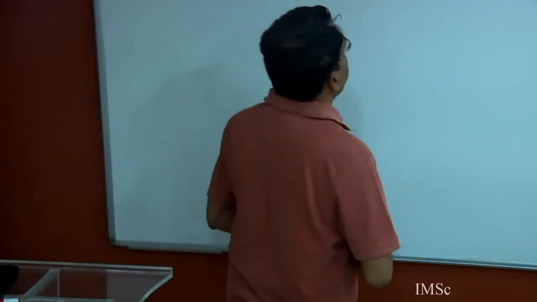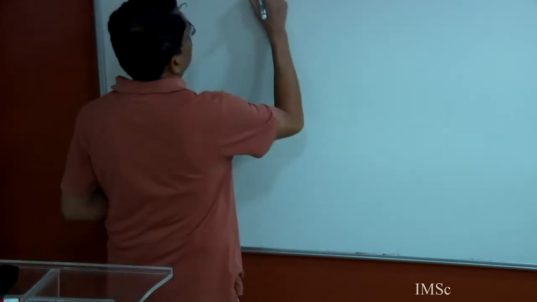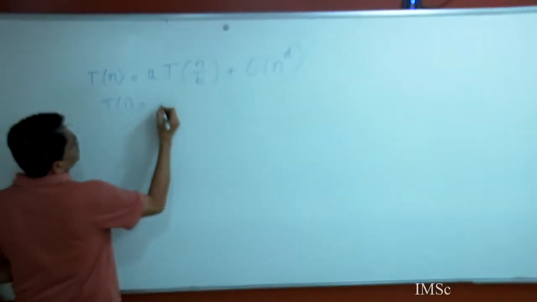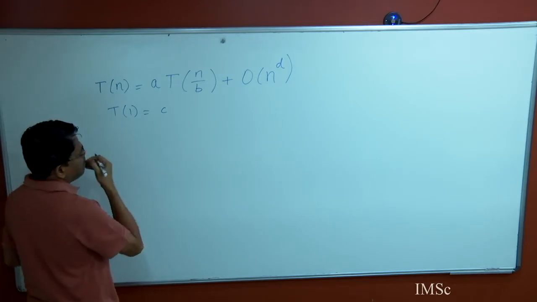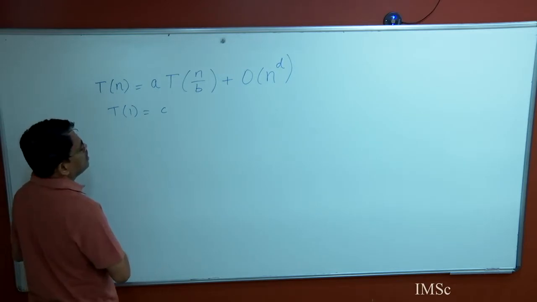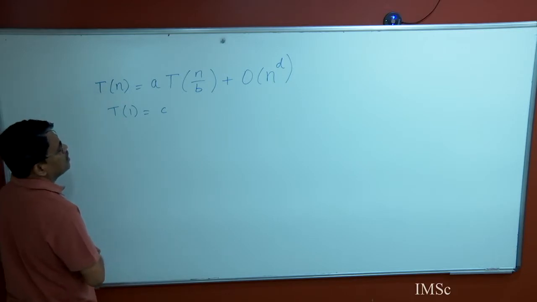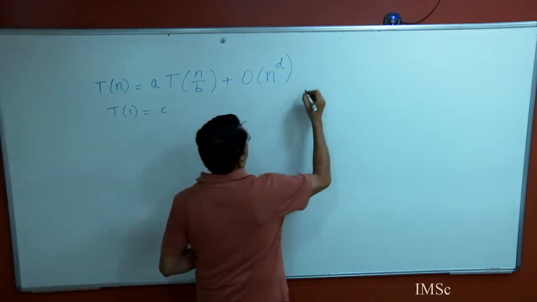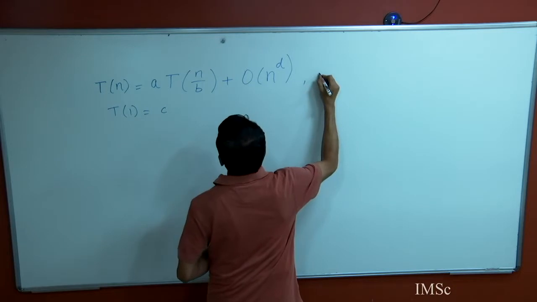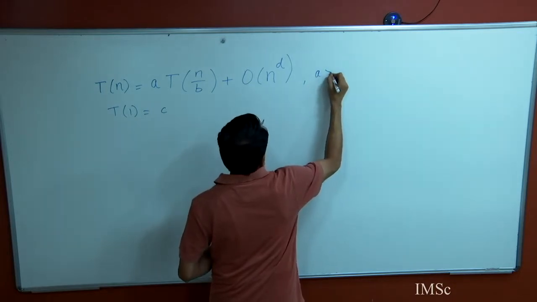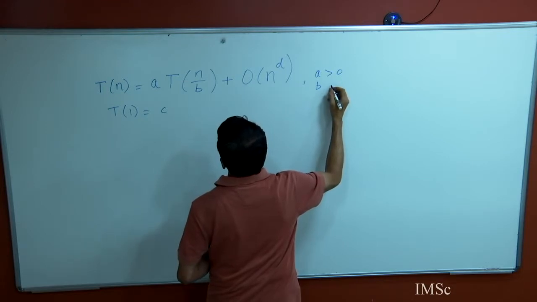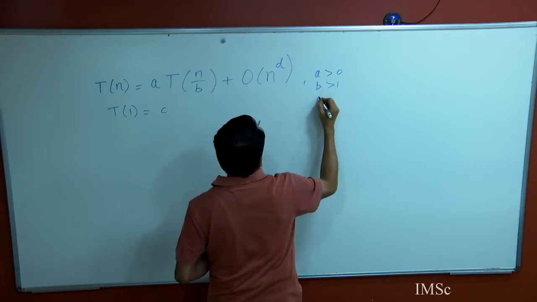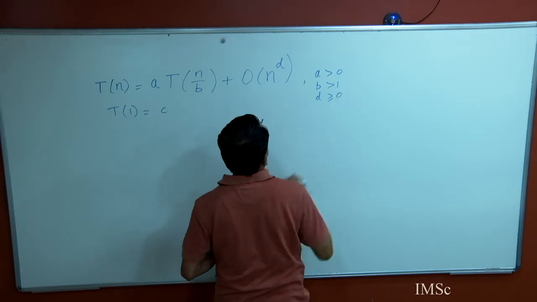So, T of 1 would be, or we will have some boundary condition, some constant C. And we have A greater than 0, B greater than 1, and D greater than or equal to 0.